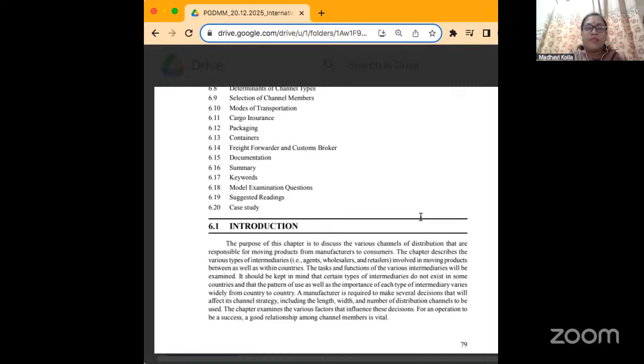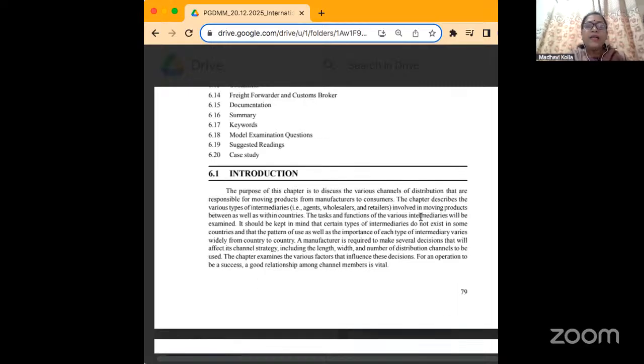So let us start. In terms of an introduction, we need to understand the various types of channel distribution members, who they are, and what their fundamental role is. Primarily they are required for us to move products from manufacturers to consumers. Since we are talking about international trade, in all probability the manufacturing unit is located in the host country, or it may be in the home country, that is the country of origin.